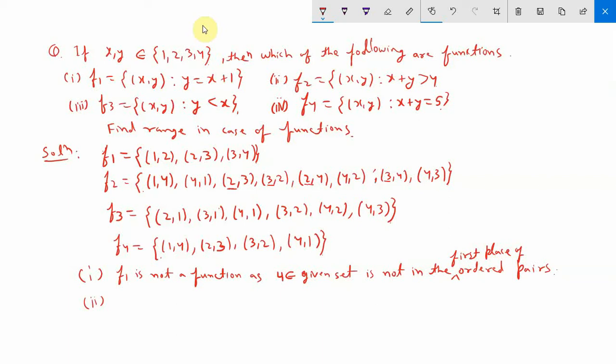Then for 3 we have one image as 2, another image as 4, and for 4 we have first image 1 and next image 3. So as 2, 3, 4 have more than one image, F2 is not a function.